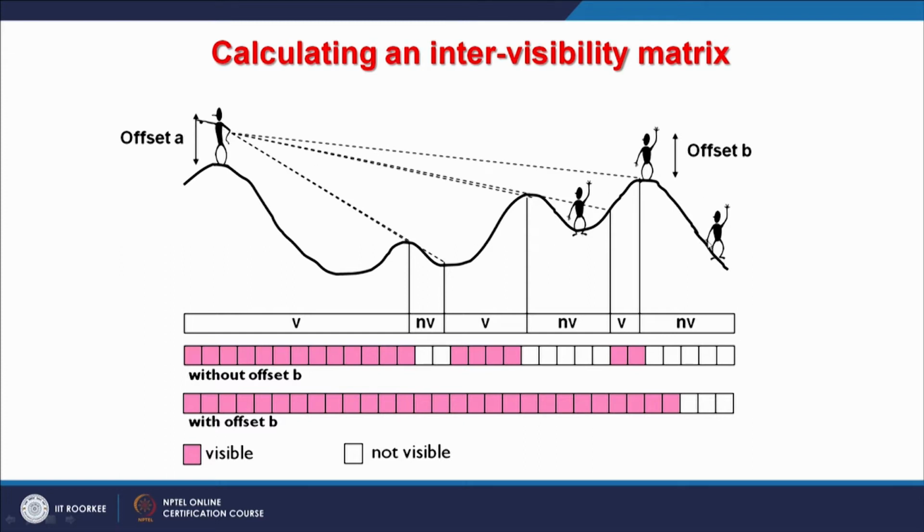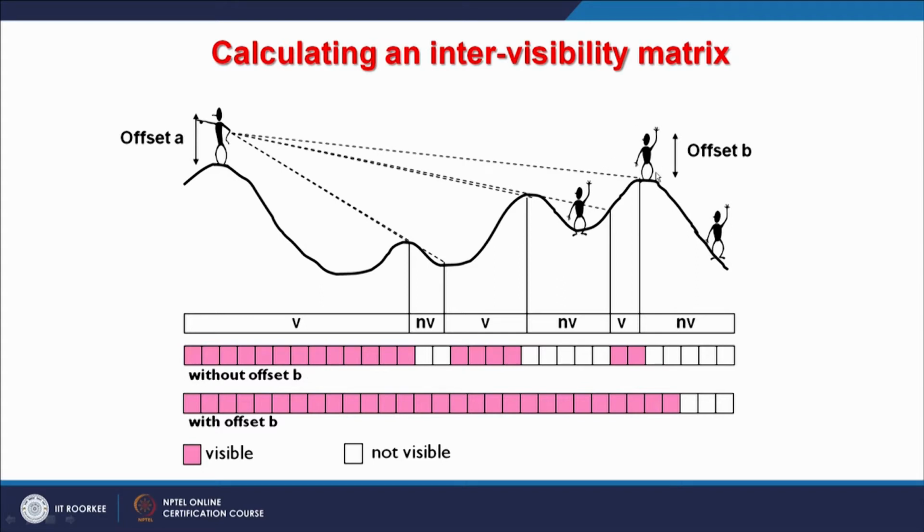There are persons which are having offsets B. So, we can analyze along this, which is of course a profile section, but we see here that the person A can see partly the person standing in this area, or on the top of the hill that person can fully see, but the person who is behind this hill cannot be seen, even a person standing at this hillock. So, this is without offset B.